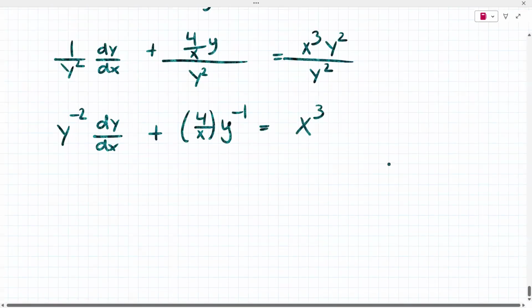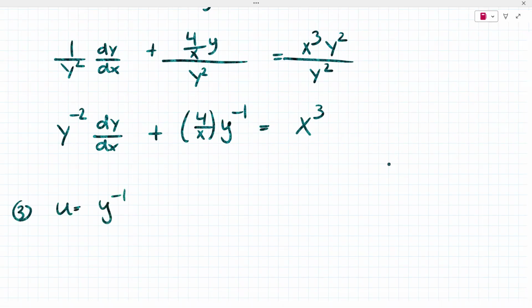Okay, step 3, set your u. So your u is y to the negative 1. So my du/dx is negative y to the negative 2 dy/dx.